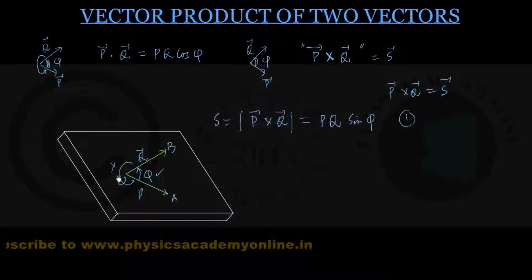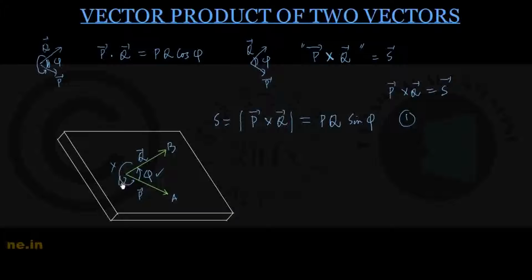You don't take the larger angle because sine function is an odd function. Sine of 360 minus theta is minus sine theta, so just avoid that. That is the magnitude part of the cross product of two vectors P and Q.